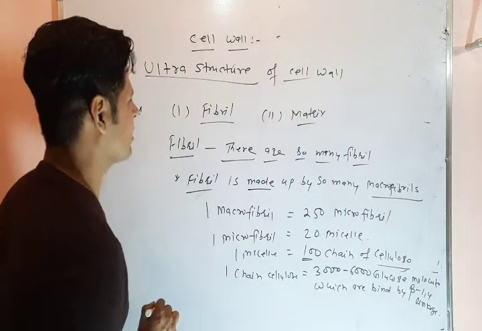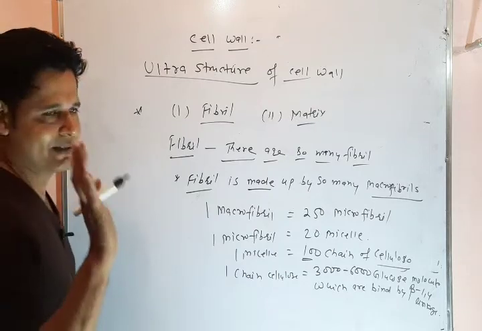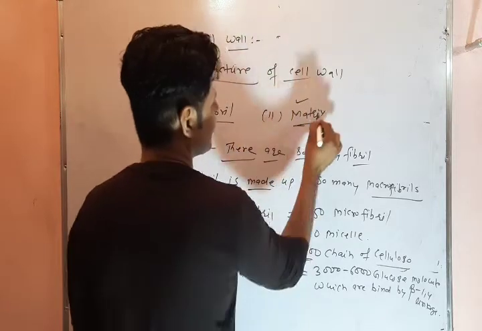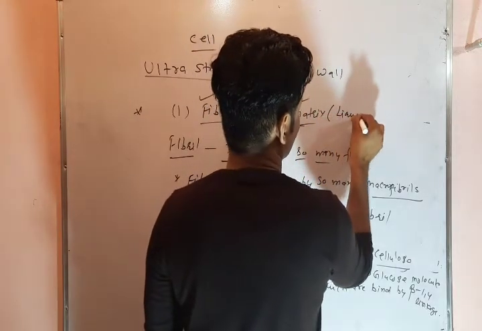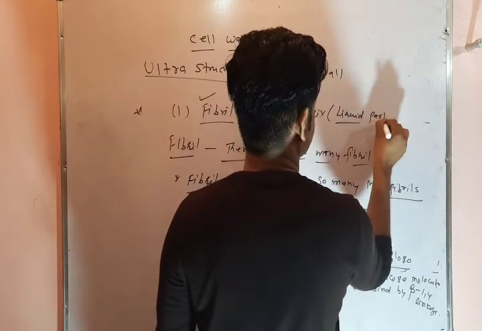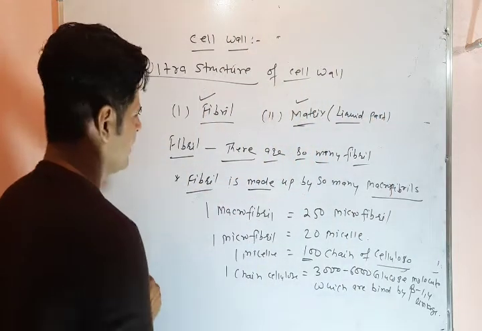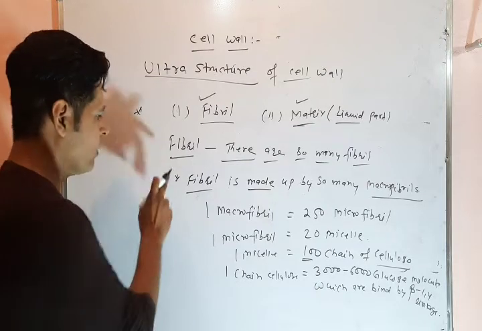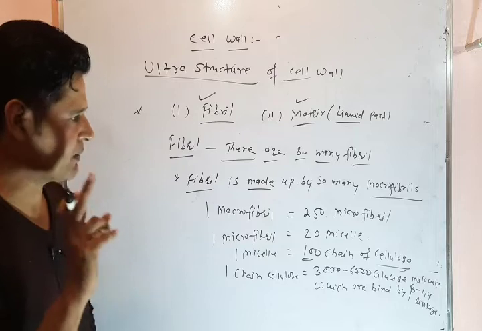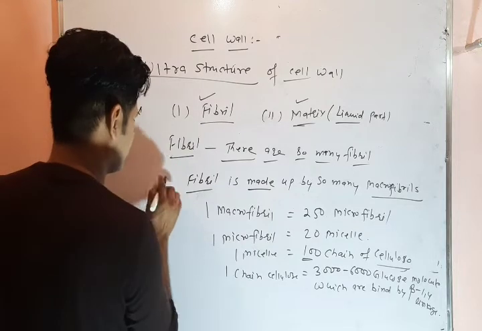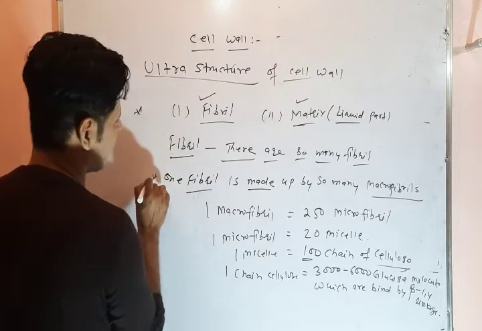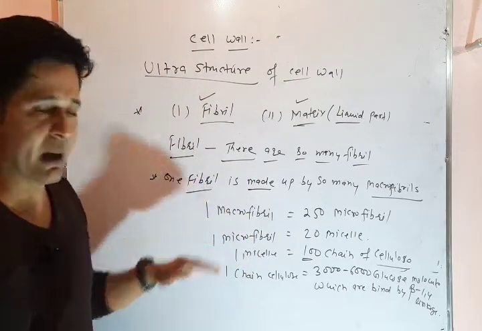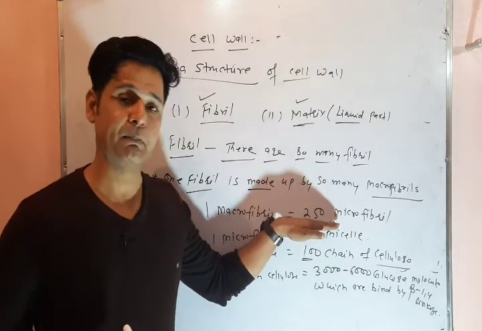This is the ultrastructure of the cell wall. The cell wall is mainly composed of two structures: one is fibril, another is matrix. Matrix is the liquid part of the cell wall. There are so many fibrils in the structure of the cell wall. One fibril is made up of so many macrofibrils, and one macrofibril is made up of 250 microfibrils.